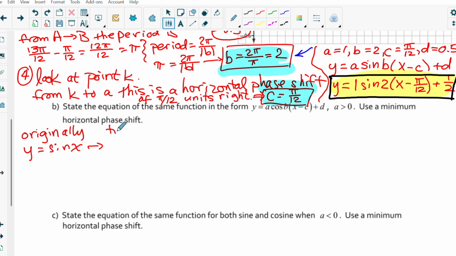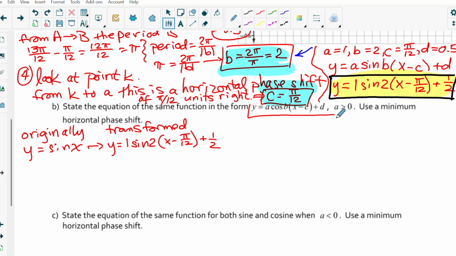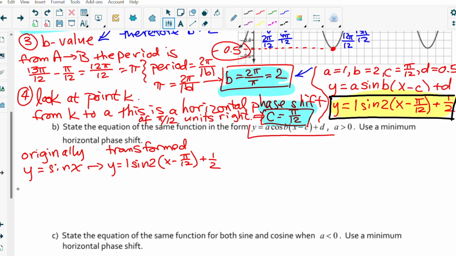Then we transformed it to y equals 1 sine of 2 times x minus pi over 12 plus 1/2. Now it's asking us to write it in cosine form.